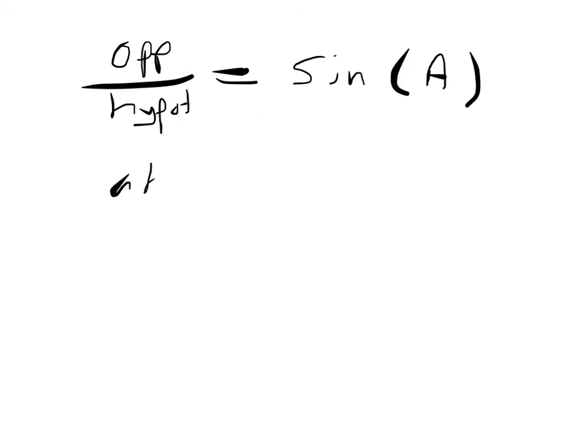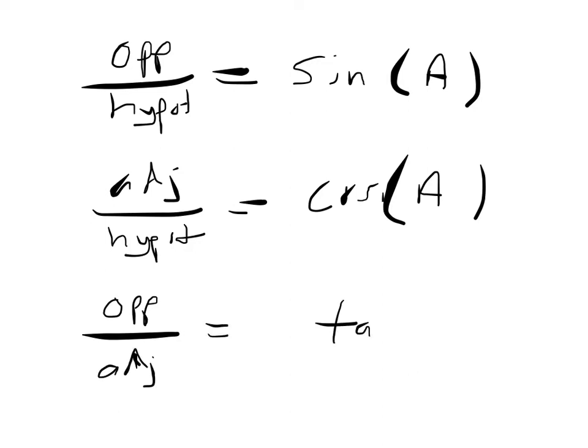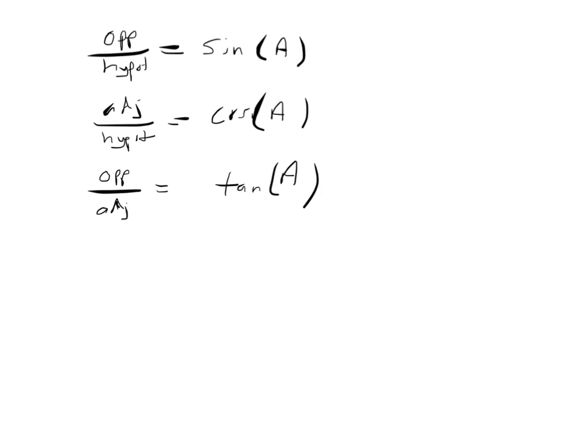You know that adjacent over the hypotenuse is your cosine relationship, and that your opposite leg over your adjacent leg is your tangent relationship. And that's how I recommend to do it. Keep track of those definitions visually.